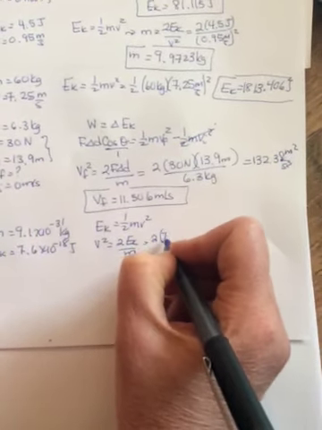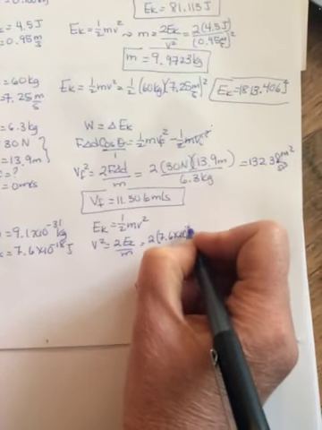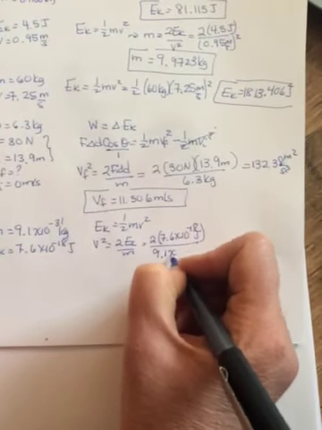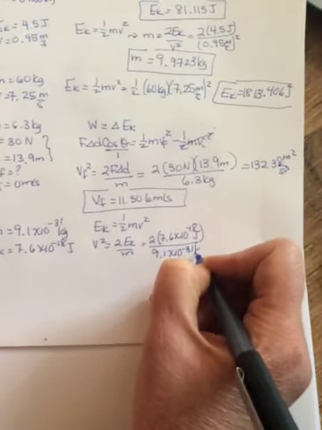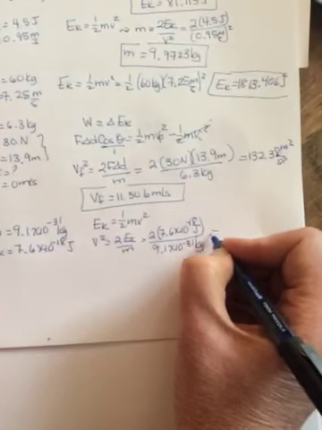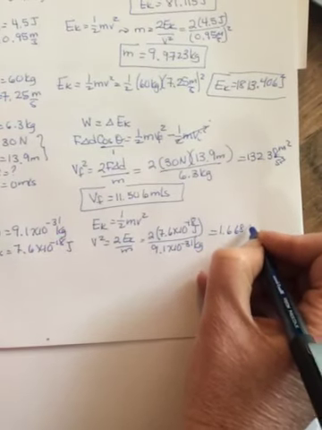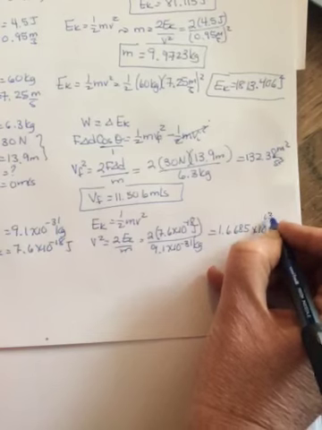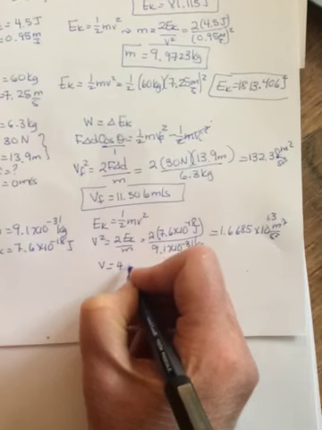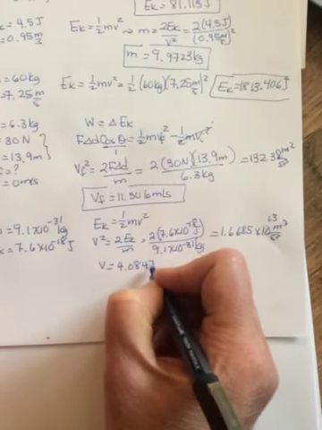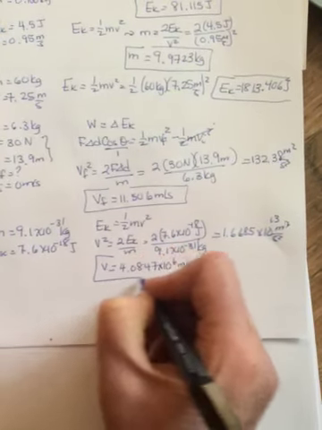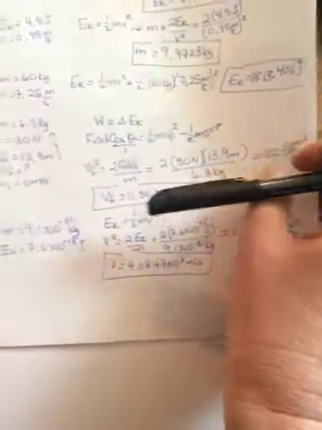So 2 times 7.6 times 10 to the negative 18 joules divided by 9.1 times 10 to the negative 31 kilograms. And remember, again, this is going to be v squared. You get something like 1.6685 times 10 to the 13th meters squared per second squared. Take the square root, and you get 4.0847 times 10 to the 6th meters per second, which is pretty fast, but that's valid for an electron.